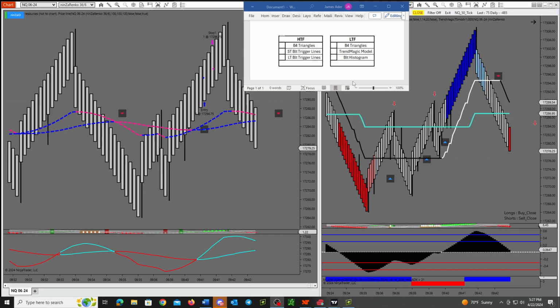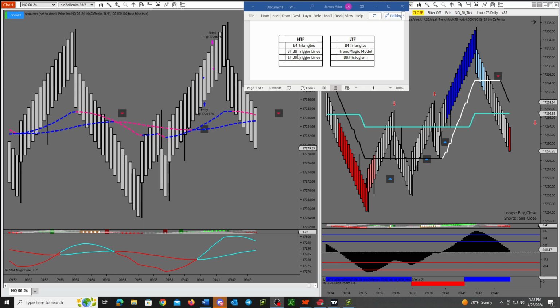Anyway, while I'm trading and when I'm reviewing, I keep what I call the magic six in line. So in the higher time frame, I'm looking at B4 triangles, short-term BLT trigger lines, long-term BLT trigger lines.